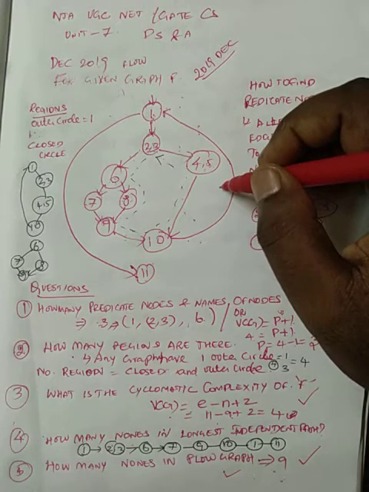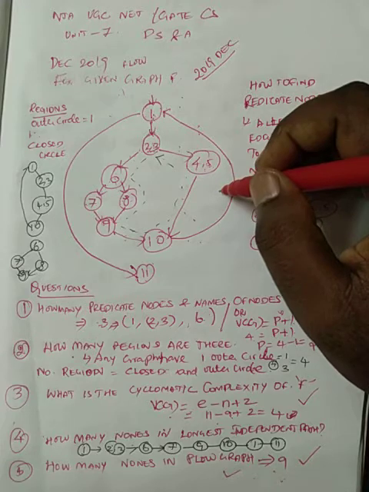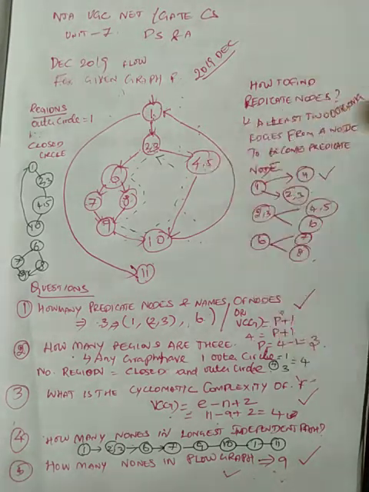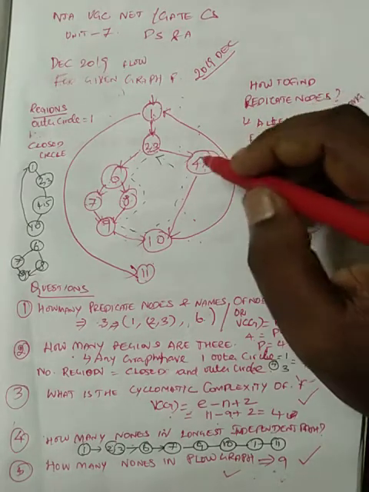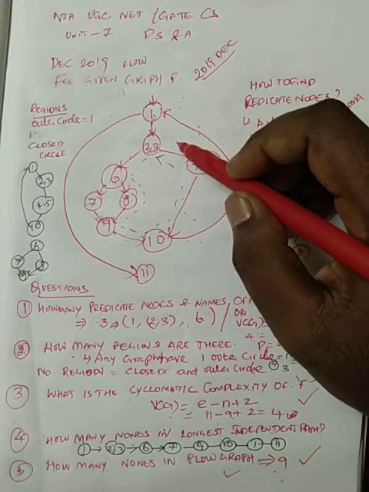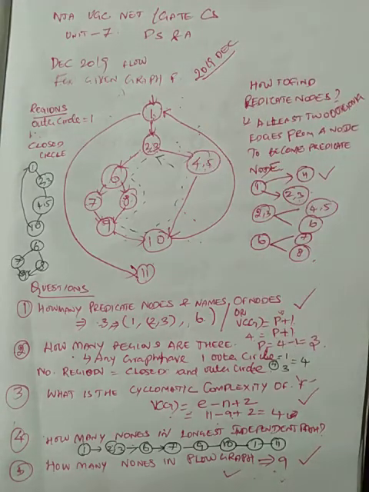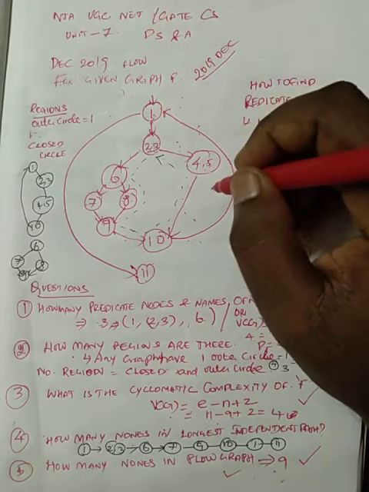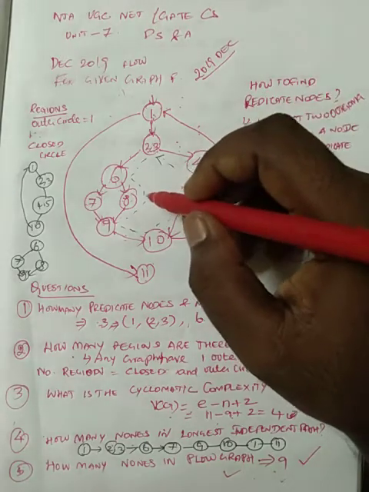The number of regions is nothing but the number of closed regions as well as the outer region present in the given flow graph. By default, any flow graph has one outer region, which you want to count. Then you check how many closed regions there are.